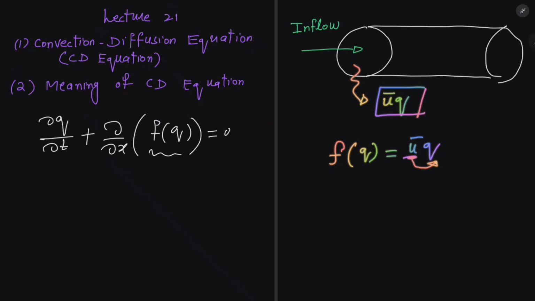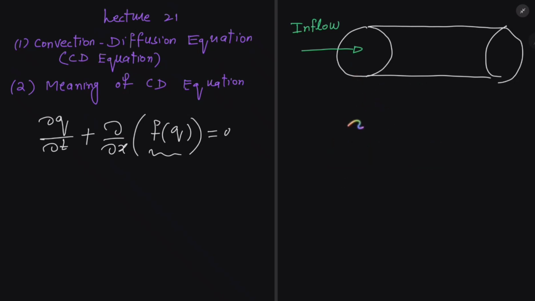If we have a diffusion term, there is a famous law, Fick's law, there is Fourier's law. Fick's law says that we have, for example, minus beta partial c by partial x in one dimension, in one direction.